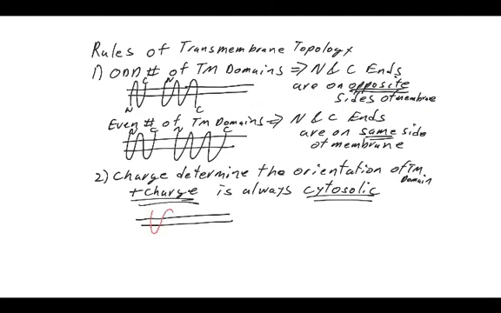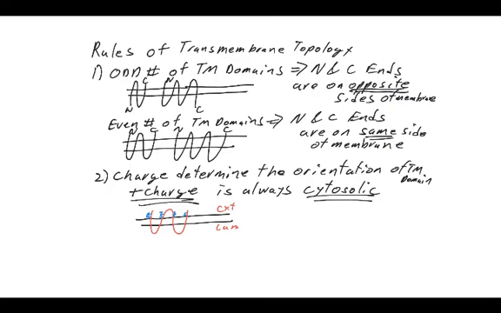So if you imagine this, and this is cytosolic, and this is luminal, if you were to guess where you might see a cluster of positive charges, those positive charges would be found on the cytoplasmic side of the transmembrane domain.